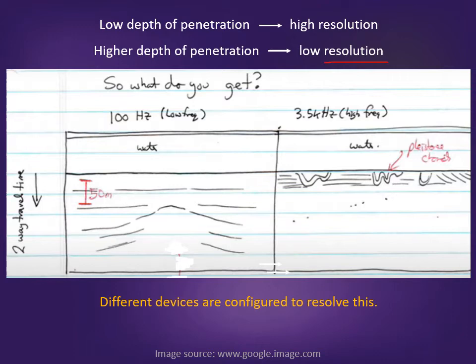Suppose here you can see in this arbitrary picture, when a wave generated from the surface goes only to this shallow depth, you can identify all the small folds, all the horizontal layers, all these things. So the resolution of this reflected ray is very good.